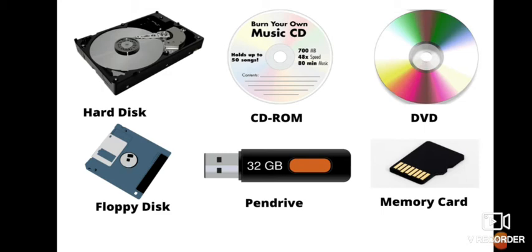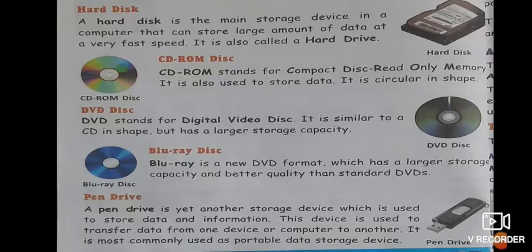One more disc is mentioned in your book, that is Blu-ray disc. Blu-ray disc is a new DVD format which has a larger storage capacity and better quality than DVD. So Blu-ray disc has even larger storage capacity.